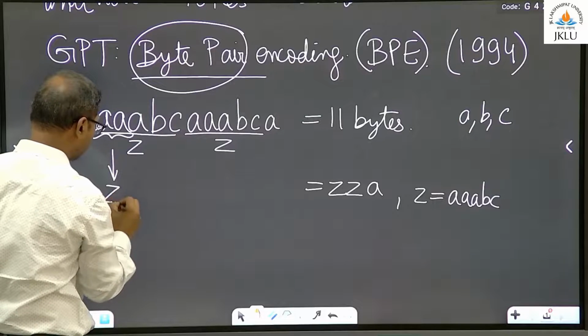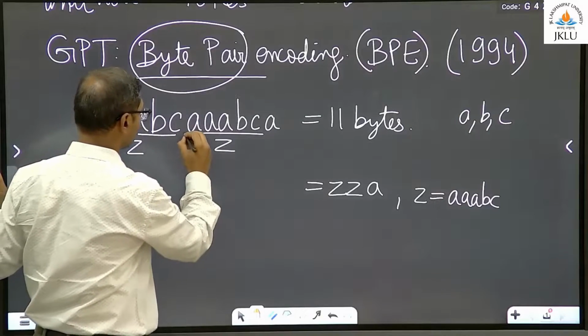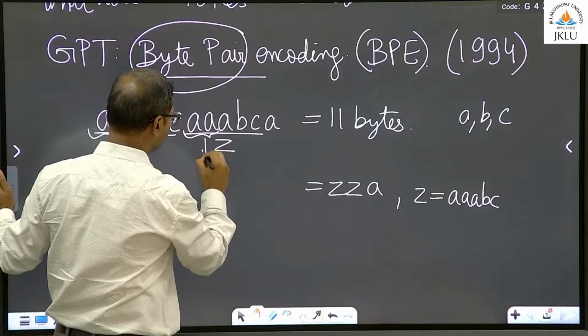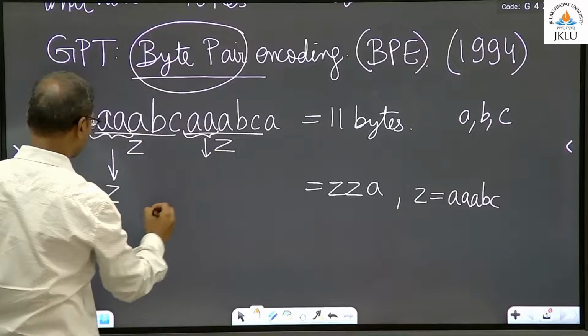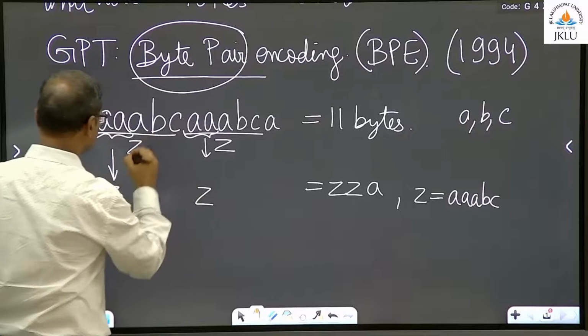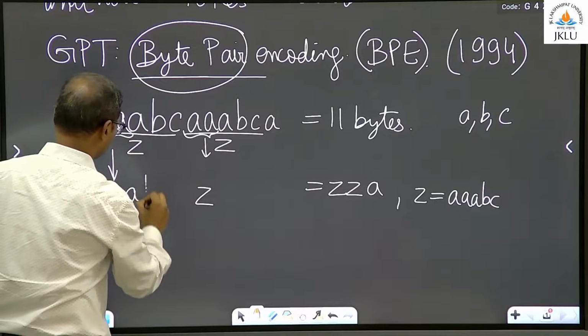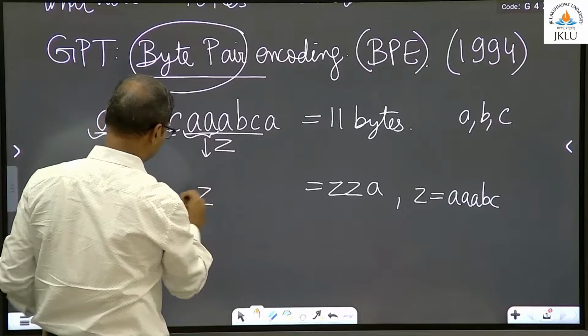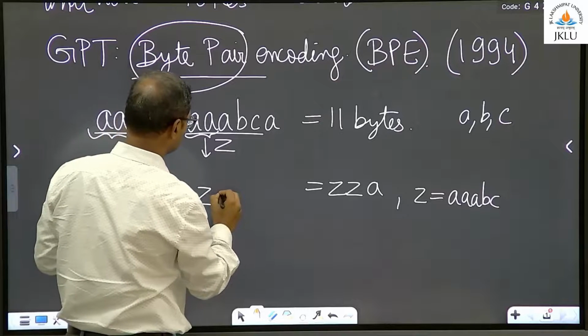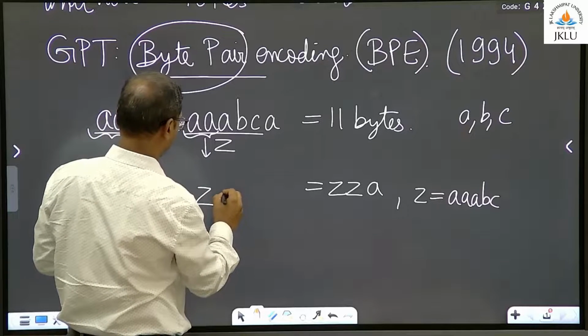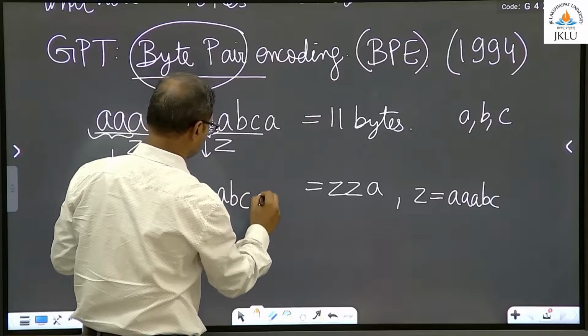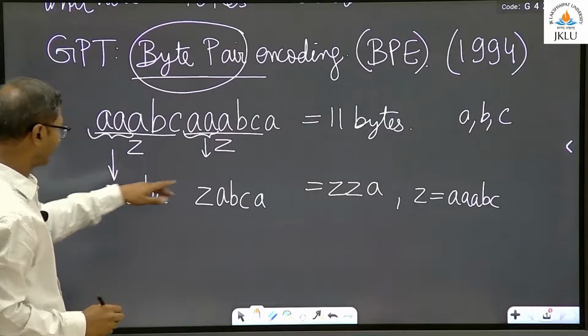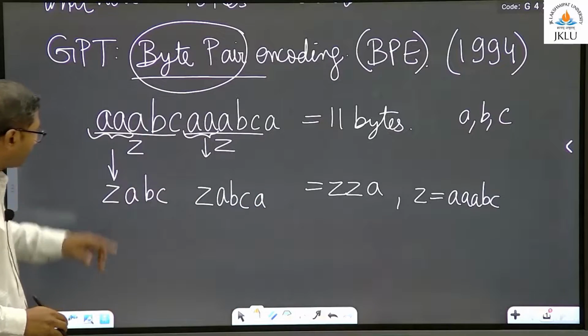So let us say this guy becomes Z, this guy will also become Z. So what is my resulting thing? Z, B, C, Z, A. Assume there is no space. Is that right? This is fine. Can I still merge?